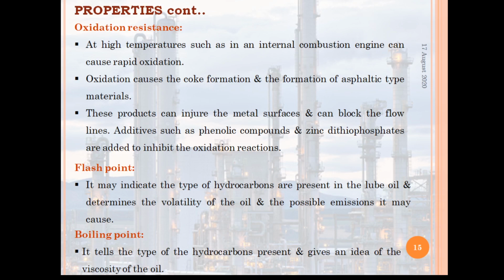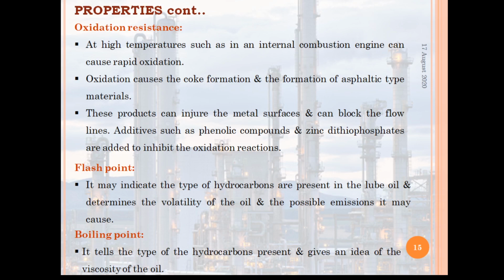These products can injure the metal surface and can block the flow lines. So additives such as phenolic compounds and zinc dithiophosphates are added to inhibit the oxidation reactions. These are also two important additives to reduce the oxidation process.